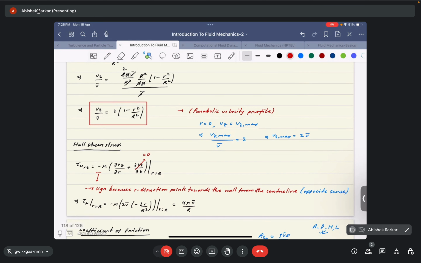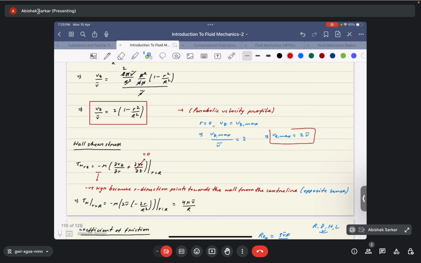These kinds of statements or relations are asked in many competitive exams such as GATE or ESE, say as a 1 mark question. If you remember the relation beforehand, like in the case of pipe flows the maximum velocity is 2 times the average velocity, or in the case of flow between parallel plates the maximum velocity is 1.5 times the average velocity, you need not go through the entire derivation once again.